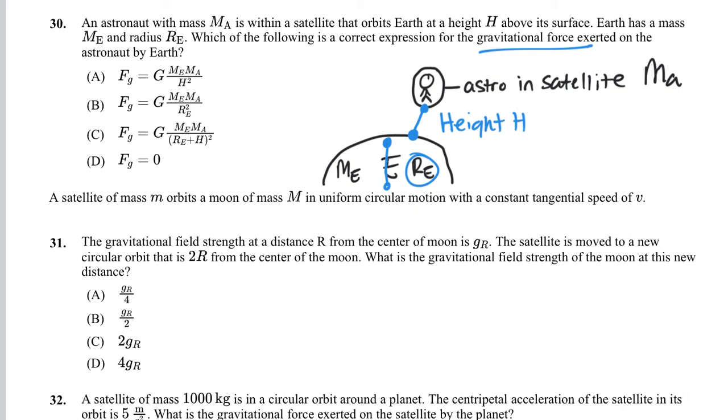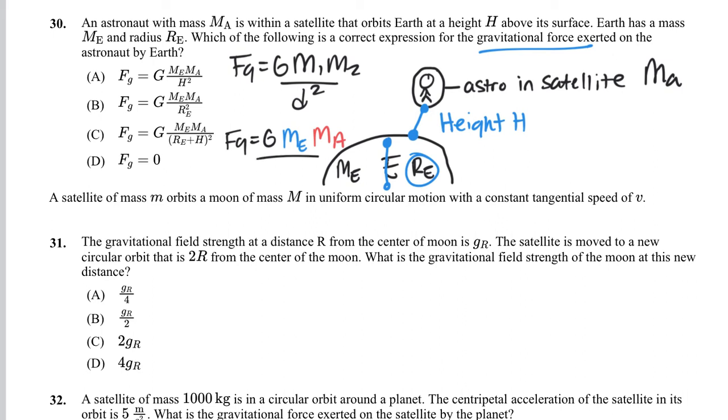Okay. So the gravitational force, we know F_g is going to be equal to big G times mass 1, mass 2 over distance squared. So let's see, F_g equals G times the mass of the Earth times the mass of the astronaut over distance.